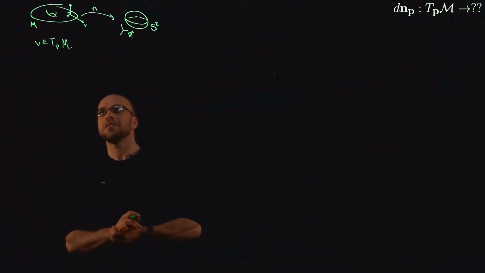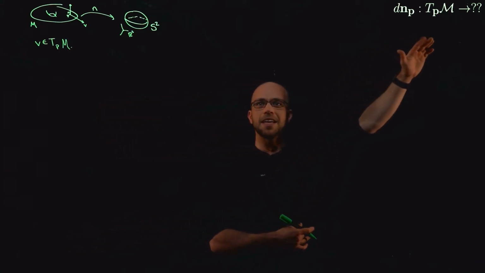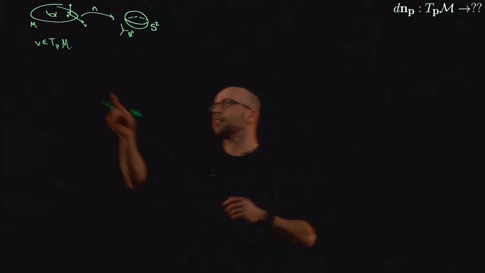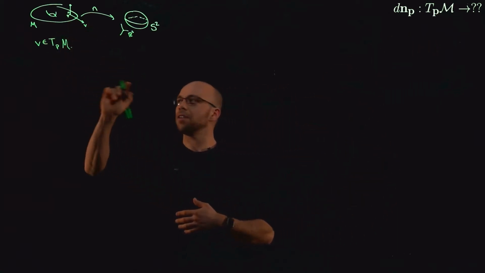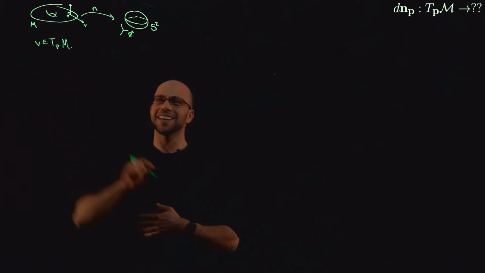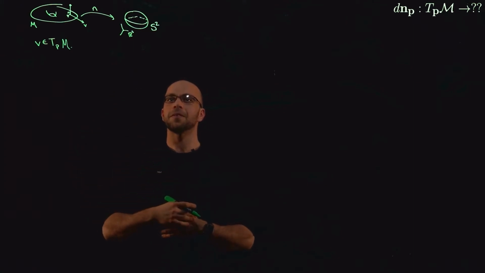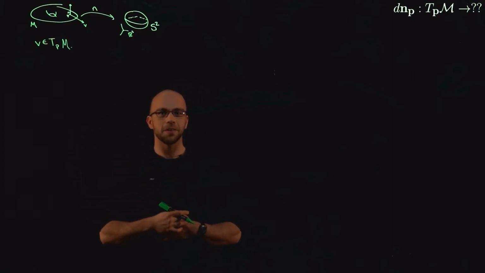All right, so remember what it means to compute the differential. We take any curve along our surface that goes through the point P at time 0 with velocity v, and then we look at what happens to our map. So now let's fill that in with some mathematical notation.